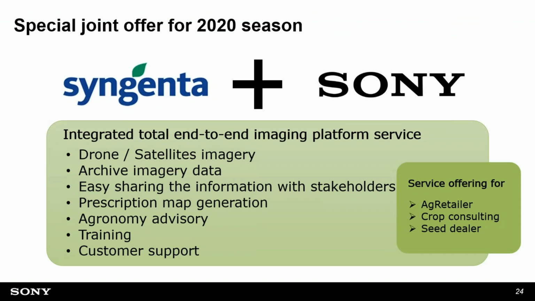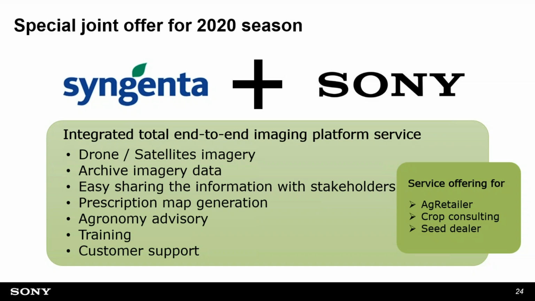And so in 2020, we offer an integrated end-to-end imaging platform. You can use satellite imagery via FarmShots and then upload imagery from the Sony system directly onto there. That imagery can all be archived in FarmShots, and you can go back and review satellite and drone imagery. You can also easily share that information with stakeholders.